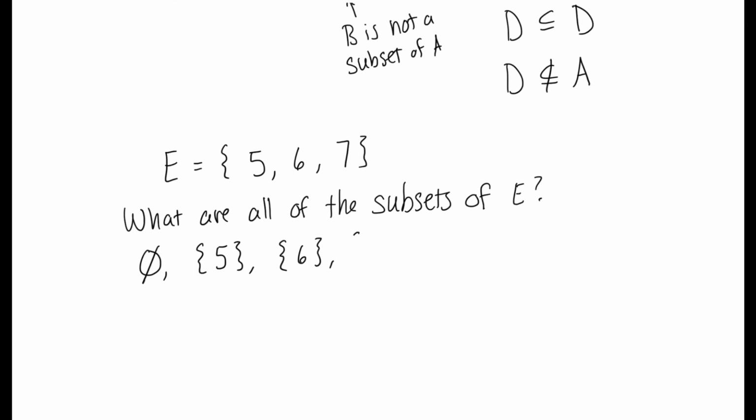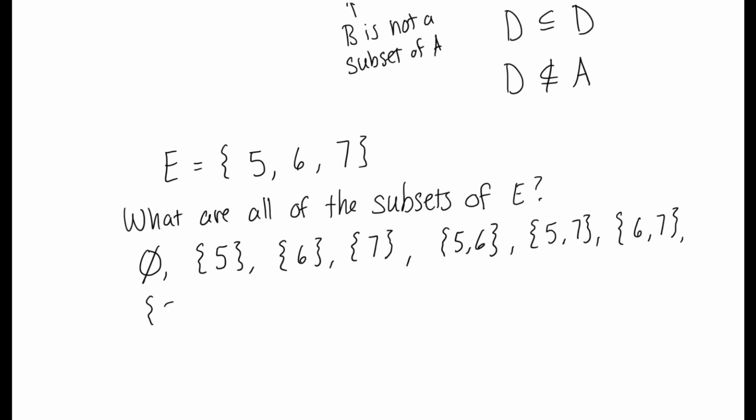So the set containing 5, the set containing 6, the set containing 7, and then the set containing 5 and 6, 5 and 7, the set containing 6 and 7, and also the set E itself, which is the set containing 5, 6, and 7.